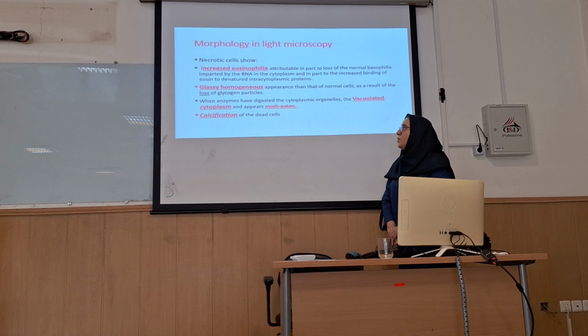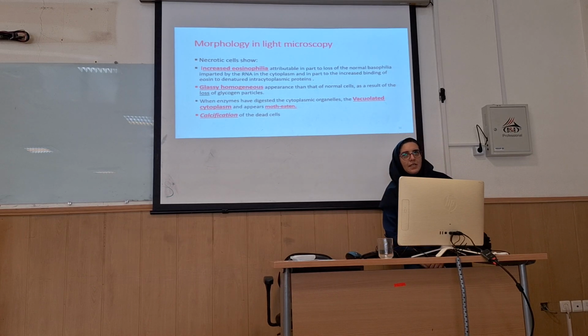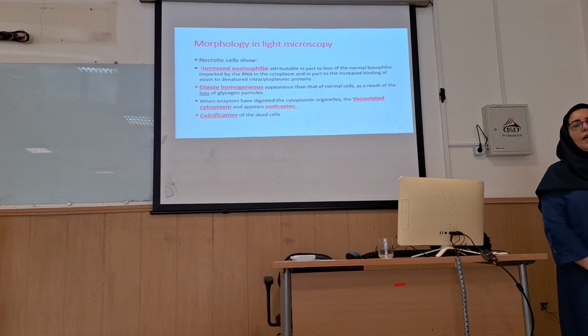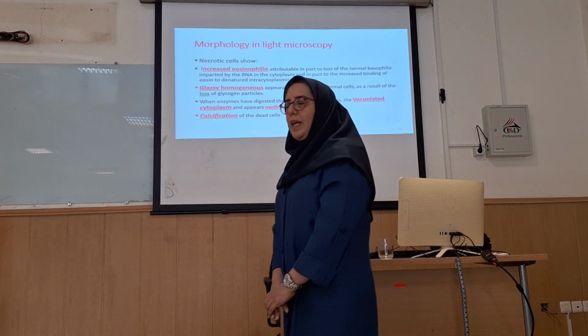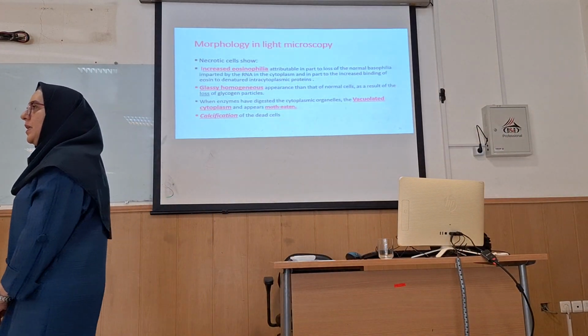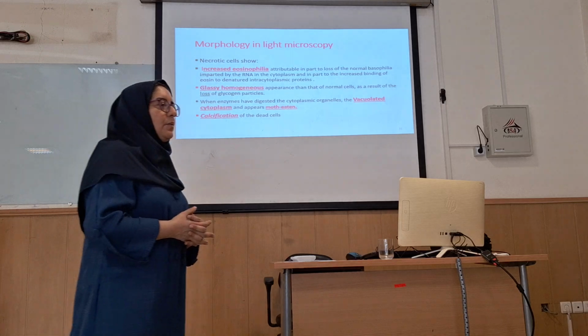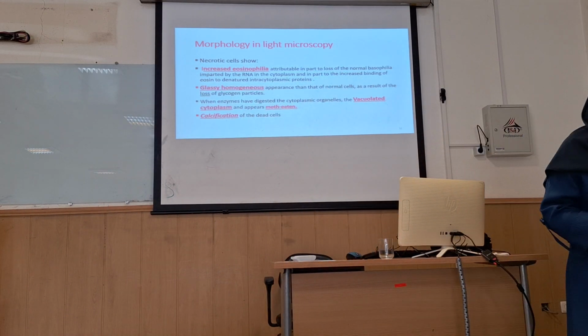Okay, what are the morphologic changes in necrosis? In necrosis, we have increased eosinophilia. We discussed that in necrosis, we lose nuclear material. When we stain tissue with hematoxylin and eosin, hematoxylin stains the nuclear material blue, and protein stains with eosin and becomes pink.